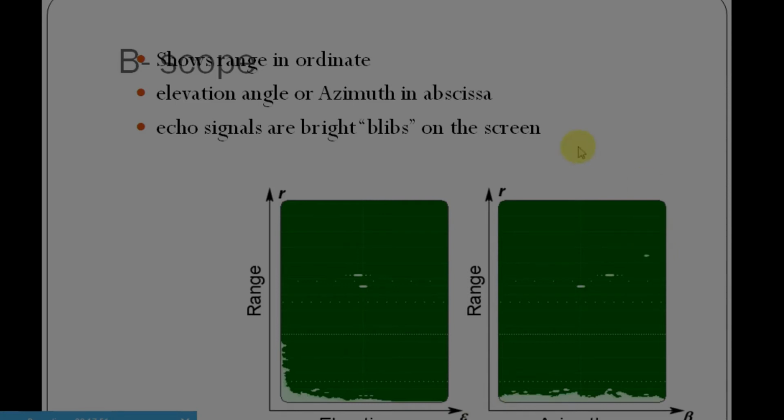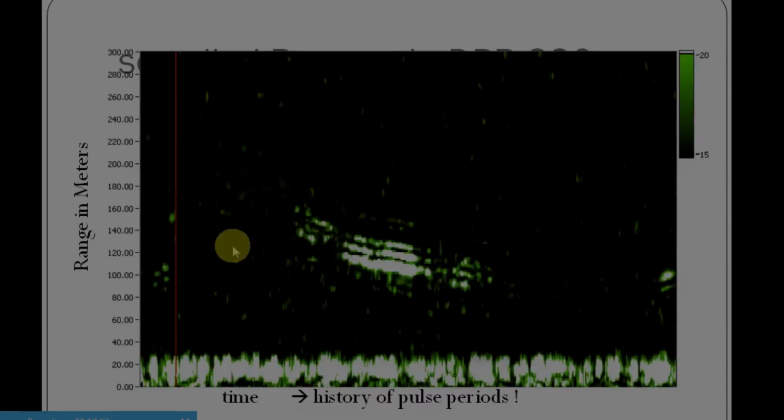Then there are trails. Trails just show the path of the target. The target is here and then slowly moves down, then the second aircraft and then the third aircraft. So they are basically showing the history of the pulses. From that history you can track your target very easily.